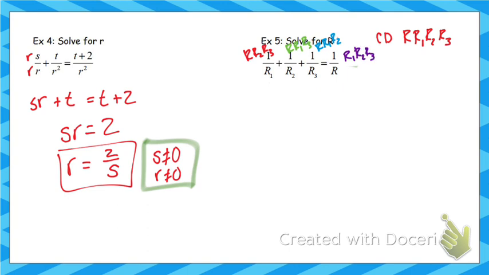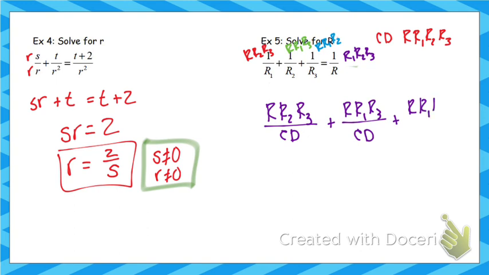So if I multiply top and bottom by both of those things, I would end up with r, r2, r3 over the common denominator, plus r, r1, r3 over the common denominator, plus r, r1, r2 over the common denominator.